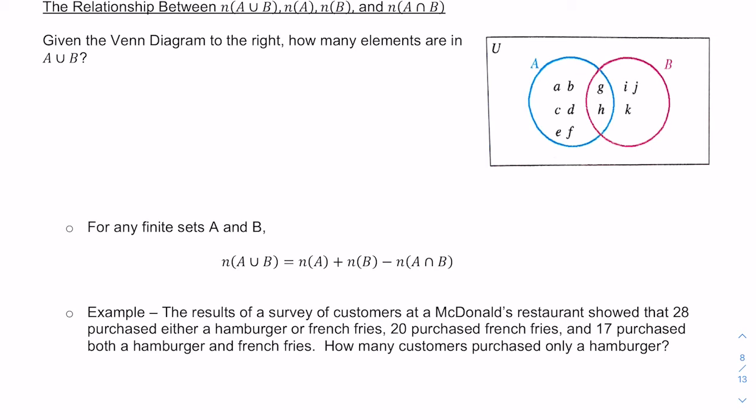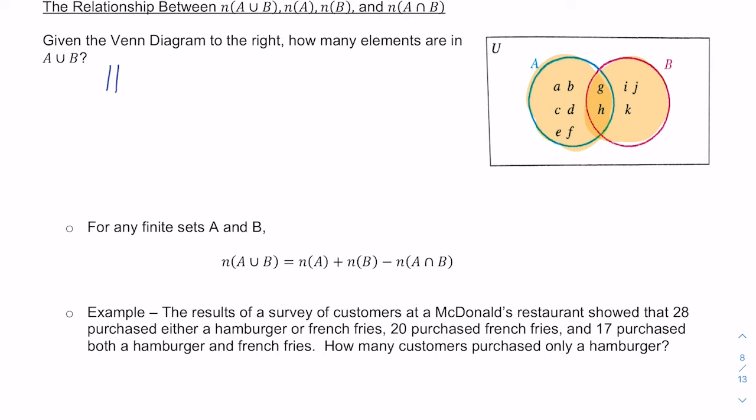So if I'm looking at A or B, if I count up how many letters there are, there's 6, 7, 8. There's 8 letters in A, and there's 3 letters in B. So 8 plus 3, there's 11 elements in A or B.